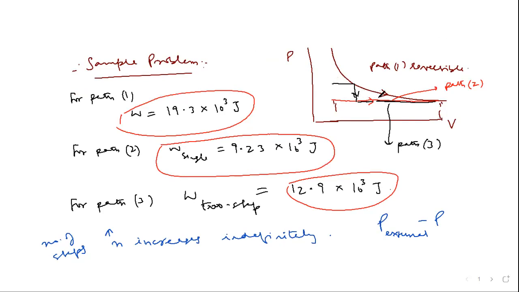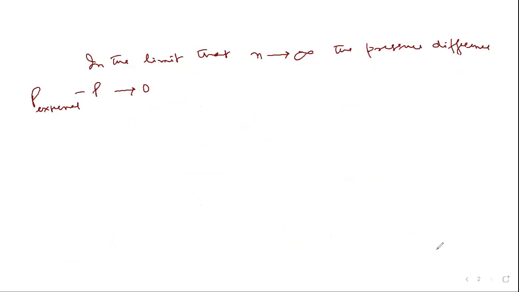So as n increases, then the area under these rectangles approaches the area under the reversible curve, right? Therefore, the irreversible process becomes reversible and the value of the work equals that of the reversible process, right?